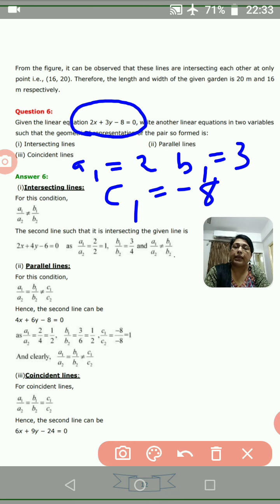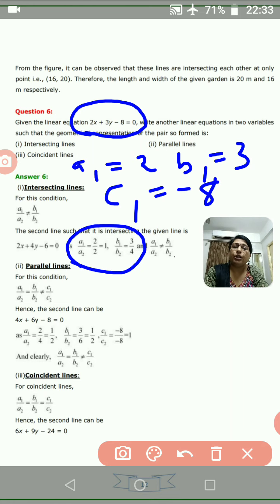So we will take a2 and b2 in such a way that we will not get a1 upon a2 equal to b1 upon b2. So a1 is here 2, so 2 by 2 will be 1, and b1 upon b2, b1 is 3, then 3 by 4. I will get that a1 upon a2 is not equal to b1 upon b2.